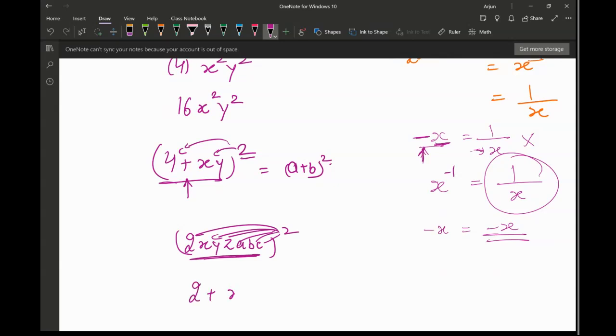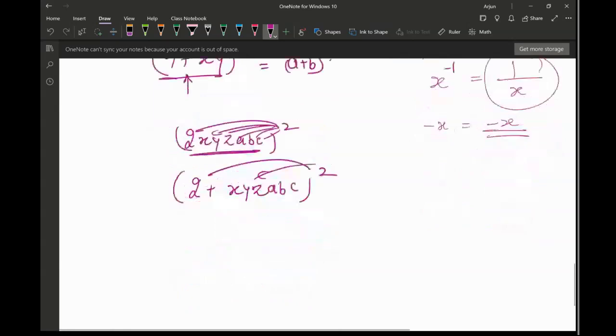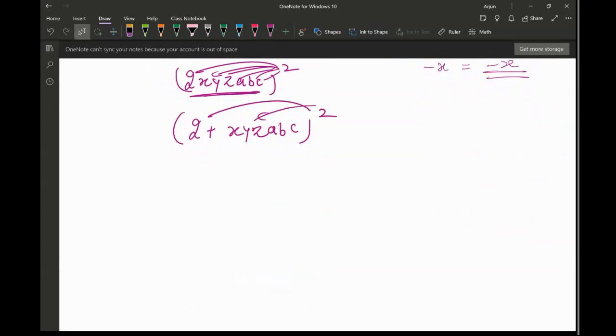If there was any addition, x plus yzabc, then I cannot do this, cannot open it up. All right, so this was about some of the basics of algebra.